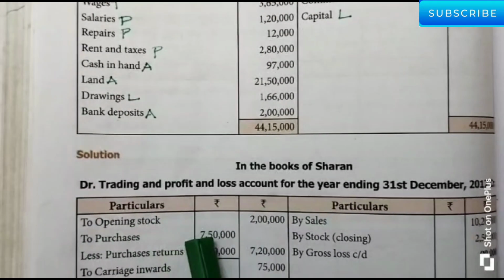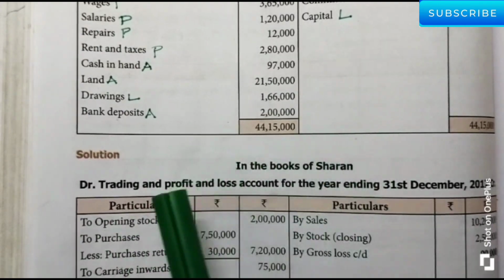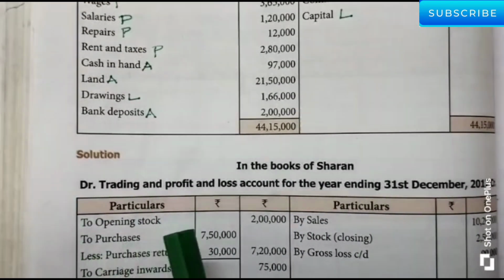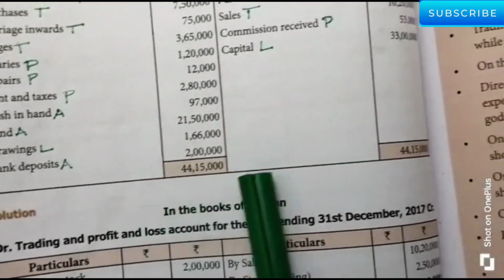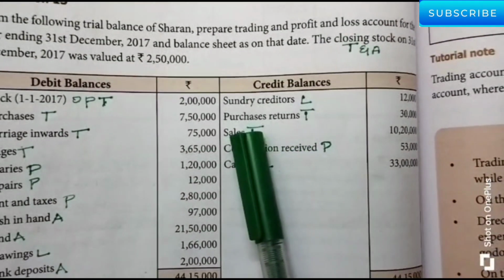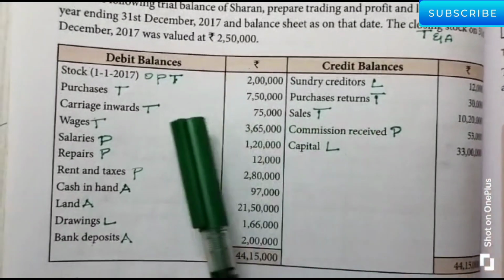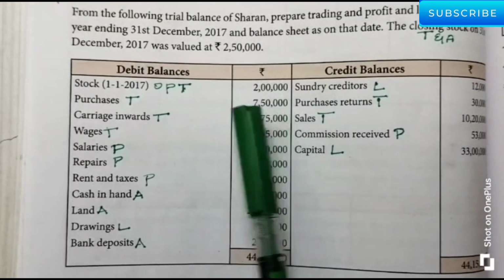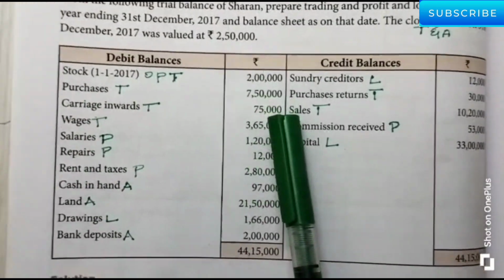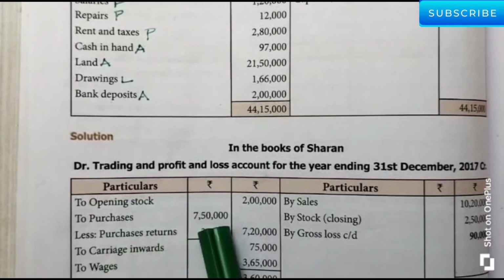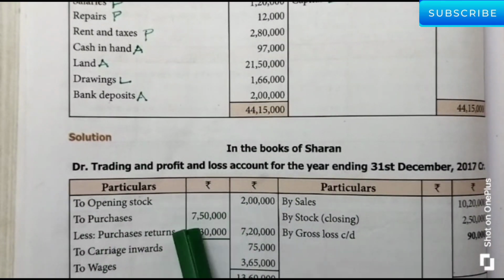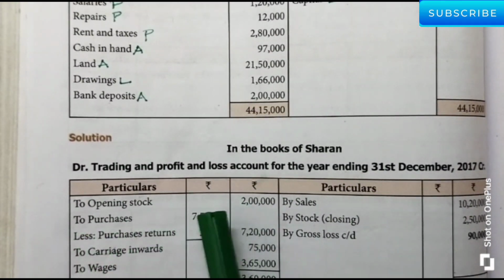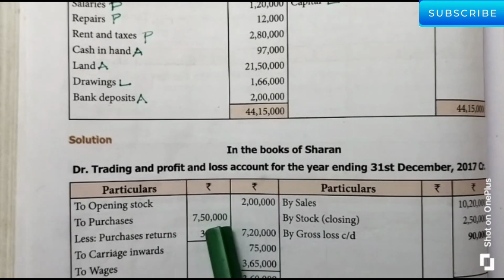If you have entered the purchases account, you have to check whether purchases returns are given or not. If purchases returns are given, you have to enter the purchases amount in the inner amount column, okay? So purchases 7,50,000, you have to enter in the inner amount column. To purchases 7,50,000 entered.